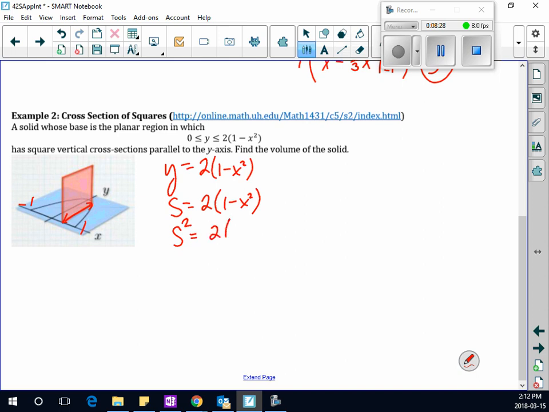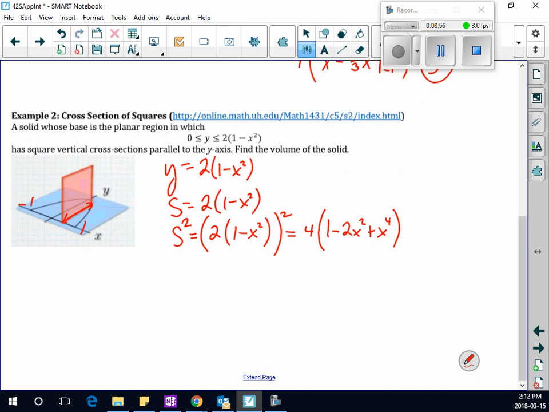So maybe I'll write this out so you can see. This whole thing is squared. So watch that. What do we get there? The power 2 goes to this 2 and to this bracket here. So this is a FOIL times 4. Do you see that? So this is 4 times 1 minus 2x squared plus x to the power 4.